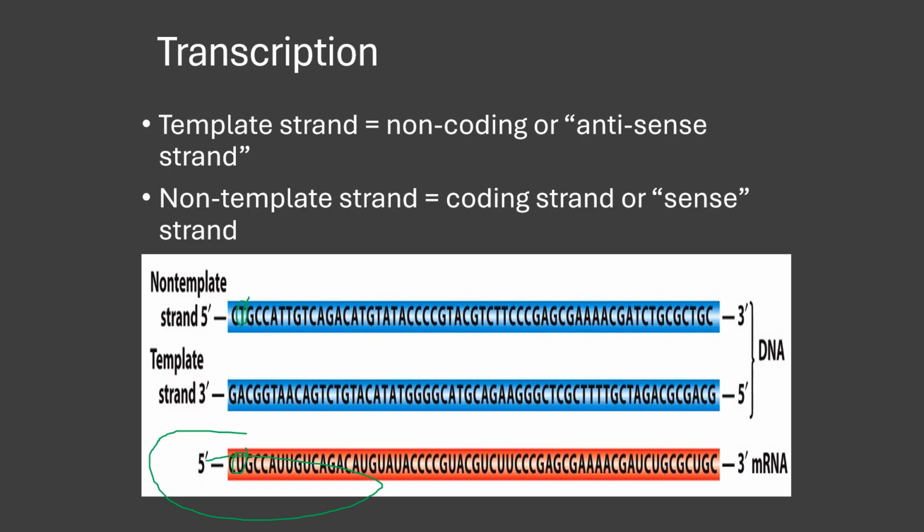The other one here, the template strand, that's what's used to make the coding strand. So it's sometimes called the non-coding template strand or the antisense strand. But the key thing to remember here is the coding strand or the non-template strand is exactly equal to the messenger RNA molecule that you're interested in making, except switching those uracils for thymine.